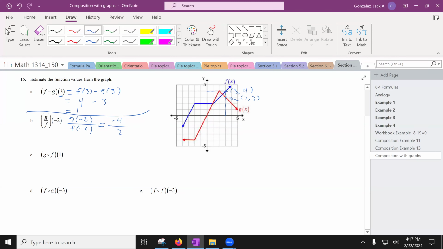What is -4 divided by 2? Are there any questions on part B? Does it make sense?